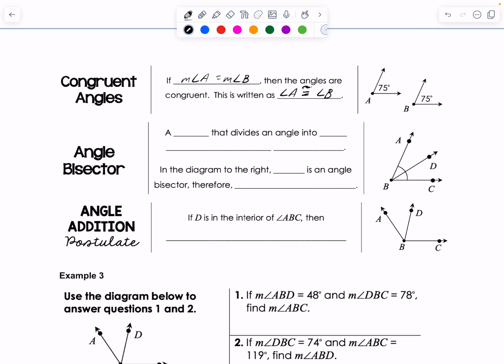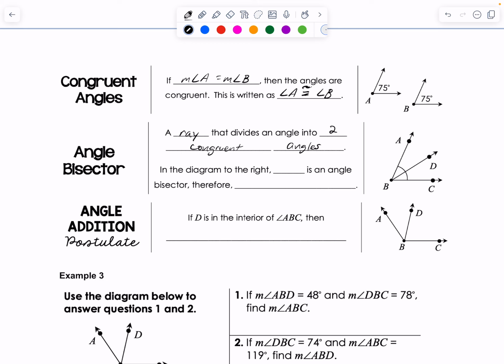We can also talk about angle bisectors in a similar way that we talked about segment bisectors. If you have a ray that divides an angle into two congruent angles, then that is called an angle bisector.